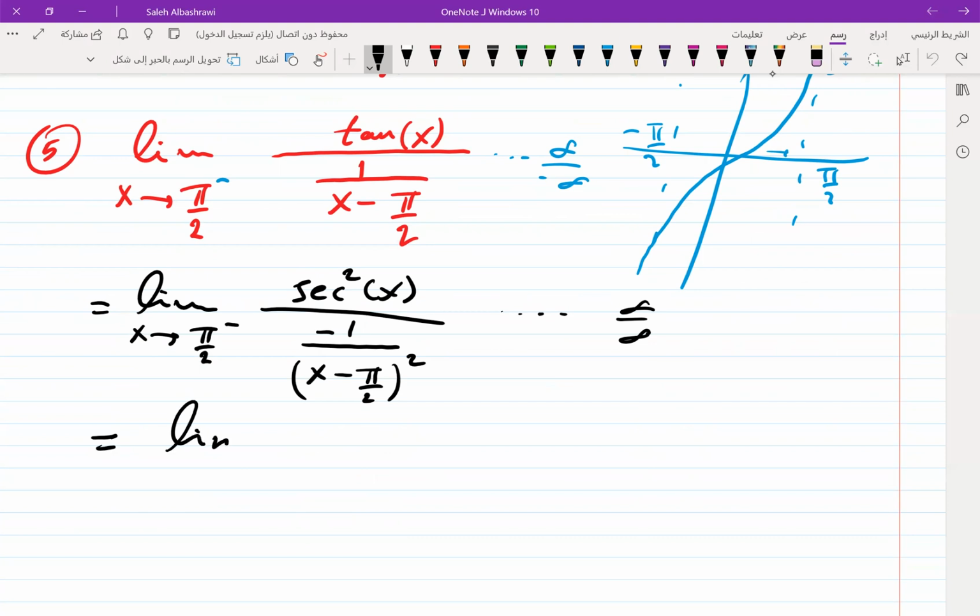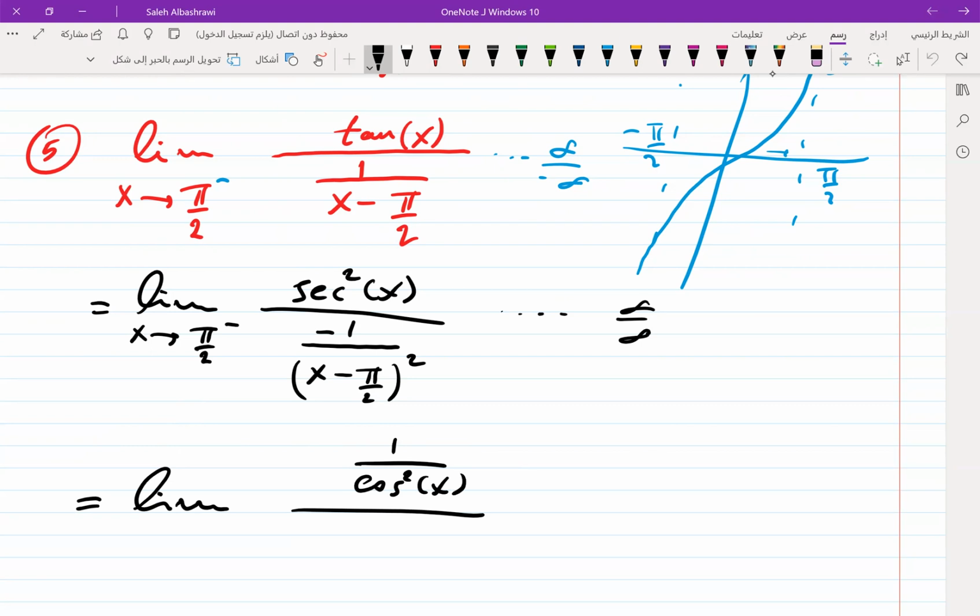This is the limit of secant square, which is 1 over cosine square x, over minus 1 over x minus pi over 2 square, as x goes to pi over 2 from the left.